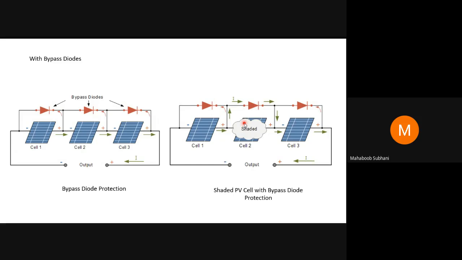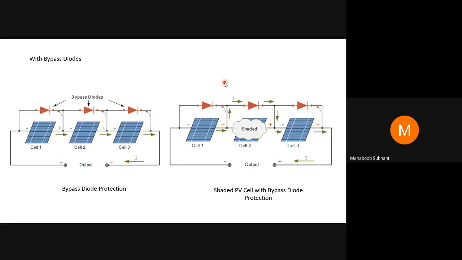Okay. Now we have talked only with respect to a single cell. We cannot place an individual bypass diode across all the cells. Why? Because the installation cost will increase. Now, how to integrate this? Because there are a number of cells, and a number of cells will get shaded, so we cannot install as many bypass diodes.